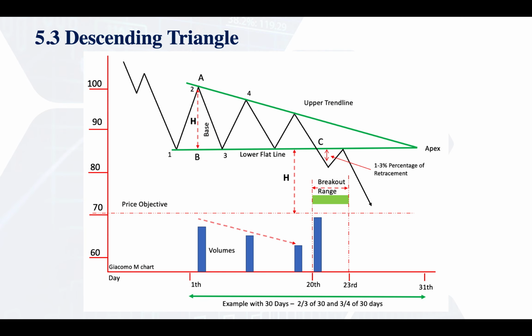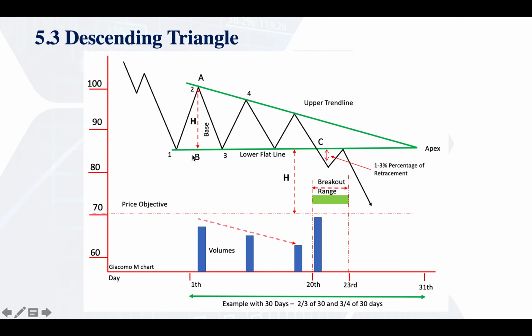We can move to the descending triangle. Generally the rules are almost the same as I already explained for the symmetrical triangle. So the breakout point has to be the same, and the triangle can be drawn with just 4 reversal points, but it can be with 4 as well as with 6.